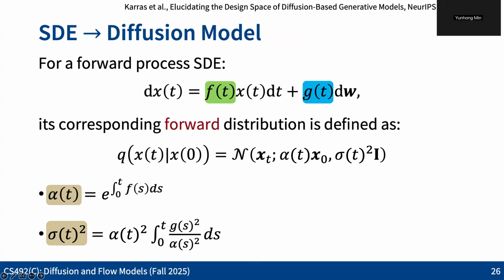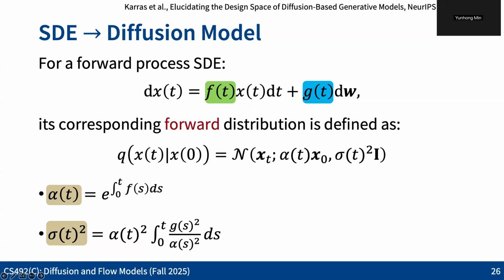This is by definition. But based on this, we can also go the other way around: given the forward distribution, which is defined in this way, we can consider deriving the forward SDE. We're going to get into that later.